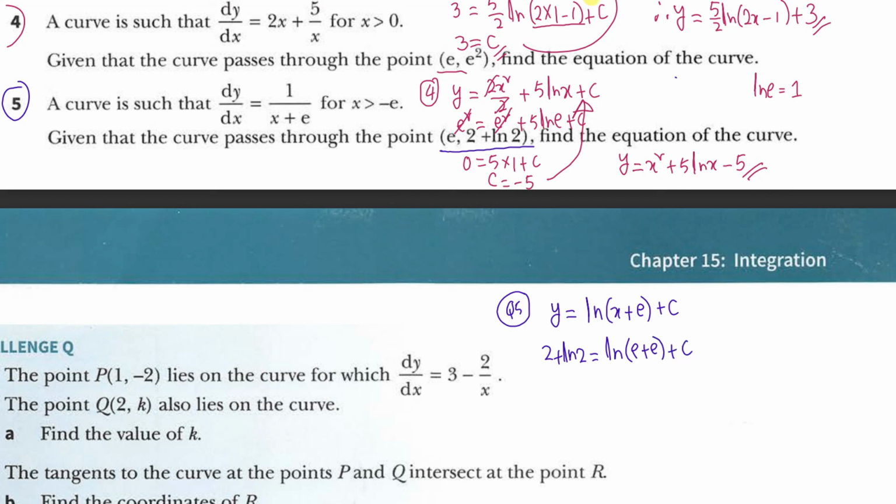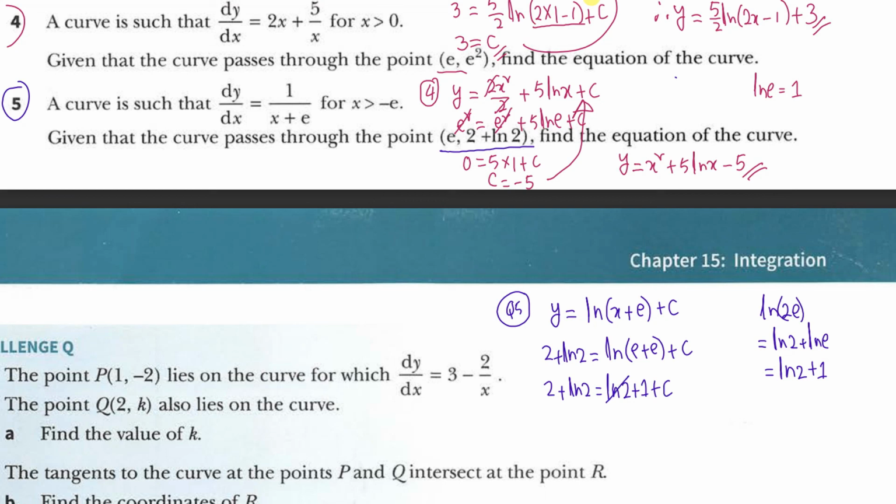So we can write 2 plus ln 2 equals ln of 2e, which we can split like this, ln 2 plus ln e. This is a logarithmic expression having a multiplication sign, so we can split it using a plus sign. ln 2 plus ln e, and ln e is 1. So ln 2 plus 1 plus c.